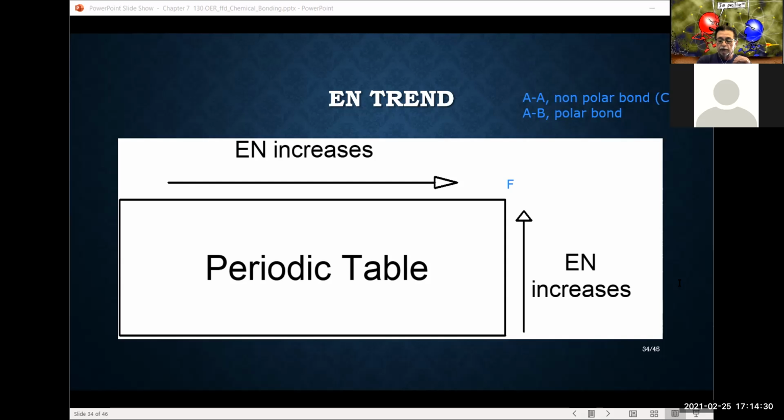So when we compare the electronegativity of two different elements in a bond, we look at it relative to fluorine because that tells us which is the most electronegative. And that tells us, if there's a bond between two different elements, which of those two elements is pulling the electrons onto itself. Because remember, that is what electronegativity is all about.